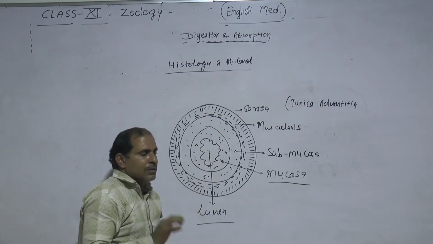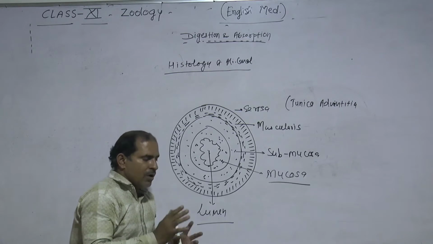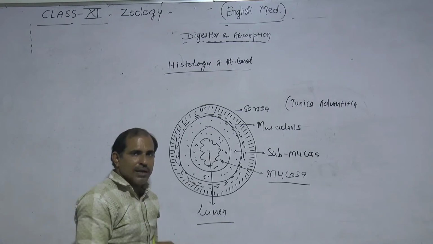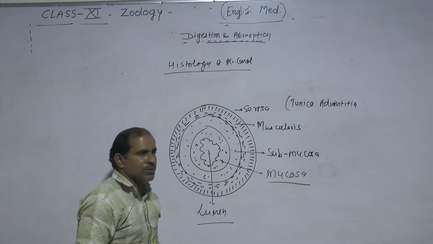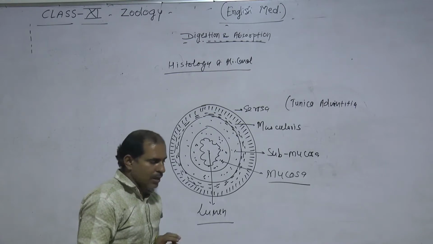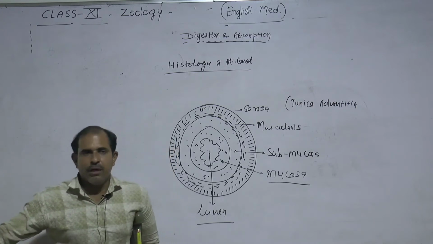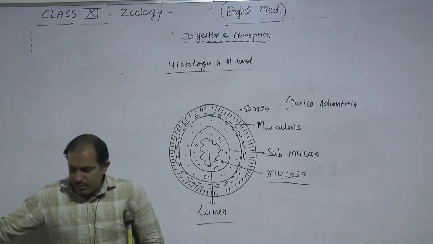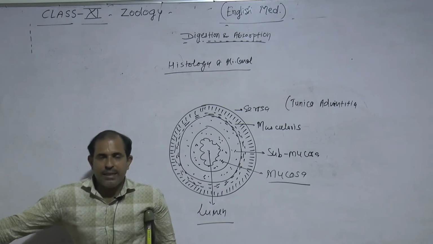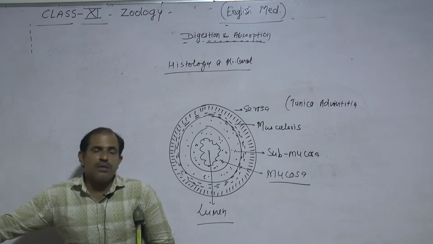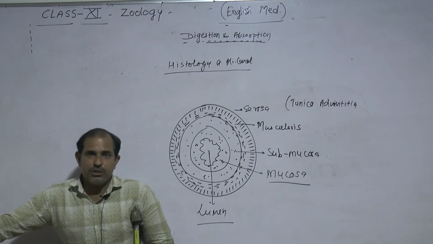In histology, the wall of the alimentary canal is composed of 4 layers. The outermost layer is serosa, made up of epithelial tissue, thinnest at the esophagus, where the thin serosa is called tunica adventitia.